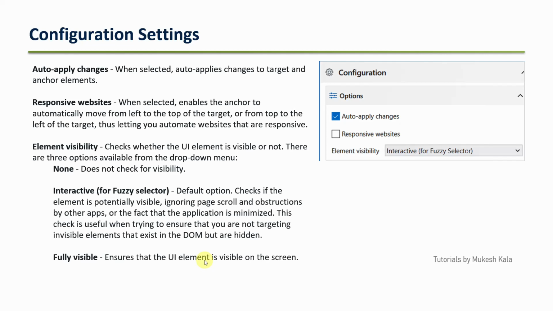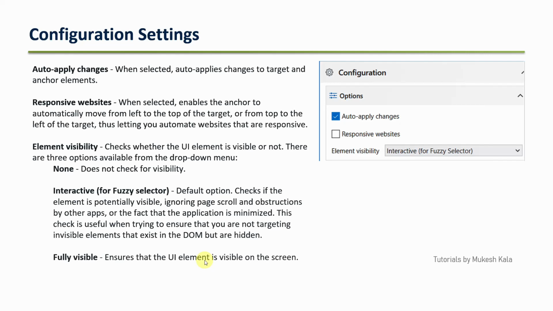The other one, I would say the middle one, is called interactive, and this is applicable only for the fuzzy selectors, guys. This is the default option. It checks whether the potential element is visible, ignoring the page scroll, or if there is an additional pop-up on top of it, if somebody has scrolled the page, or if the application is minimized.